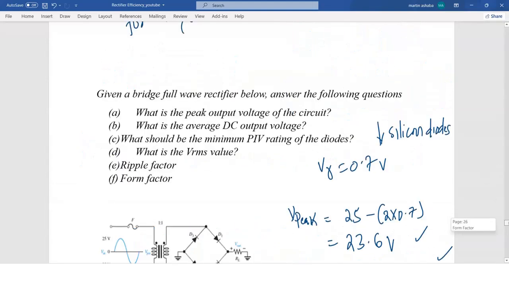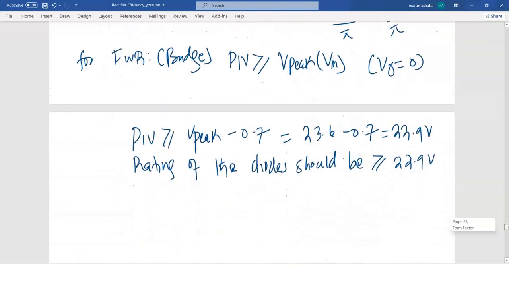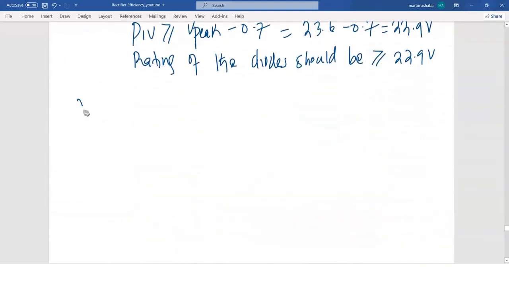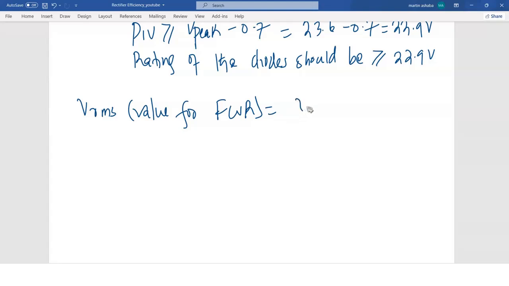Next, we are required to find the VRMS value. We know that VRMS for a bridge or full wave rectifier is equal to VM, or V peak, divided by square root of 2.